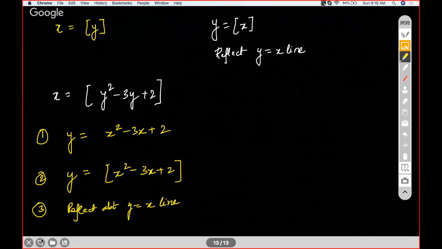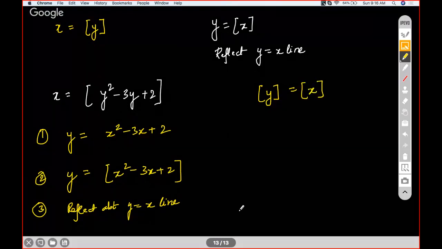Good. Just a final question. What if I do the GIF on both? If you do the GIF on both, GIF of y equals GIF of x.